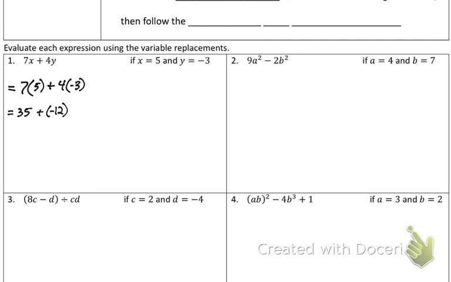Because 35 plus a negative 12 is the same thing as 35 minus 12, which is just going to equal 23. And you can confirm it. Should we use number 2? If you want to start, yeah. Always make sure everyone finished number 1.